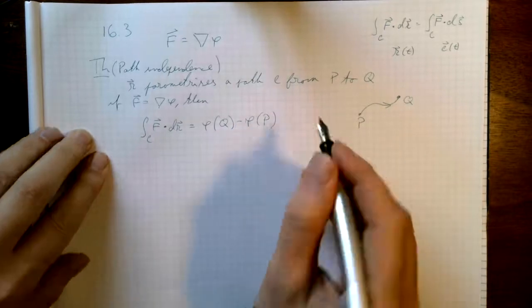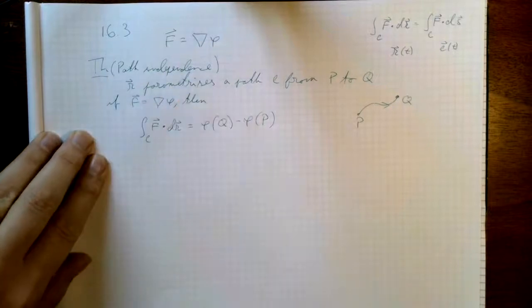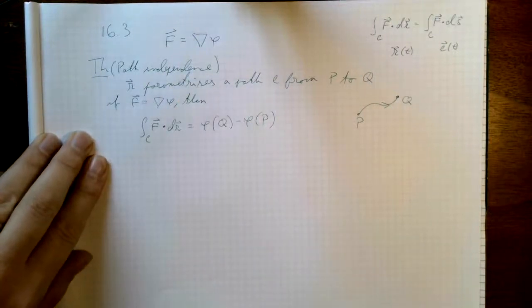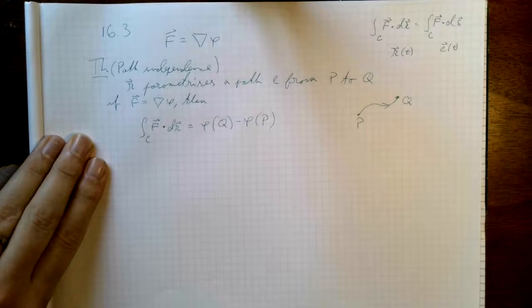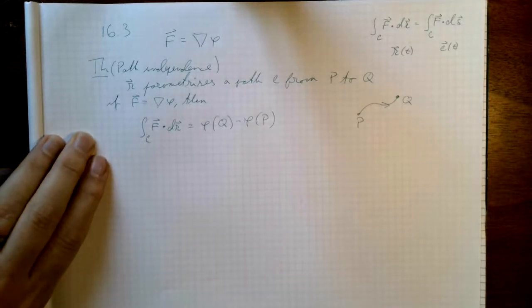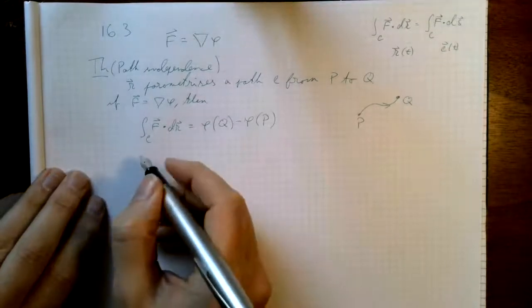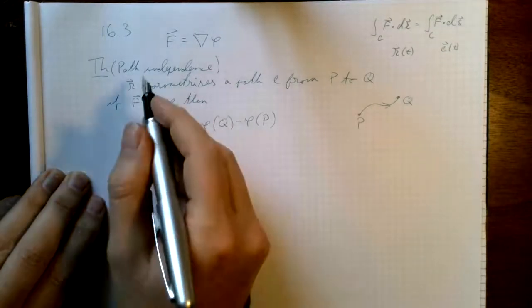Maybe instead of saying path independence, this is just the fundamental theorem of calculus for vector fields that are gradients. But it also says that it's path independent.